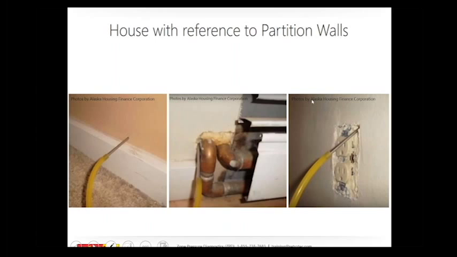Yeah, in fact, as Joe pointed out in the video that was made by the Alaska Finance Corporation, I said two things. One, never use an electrical box to get a reading, never. And two, if you're going to use this hole, make sure that you're putting your probe outside of the box. So this outlet or switch is going to be inside of a box, and make sure that you're outside of it.